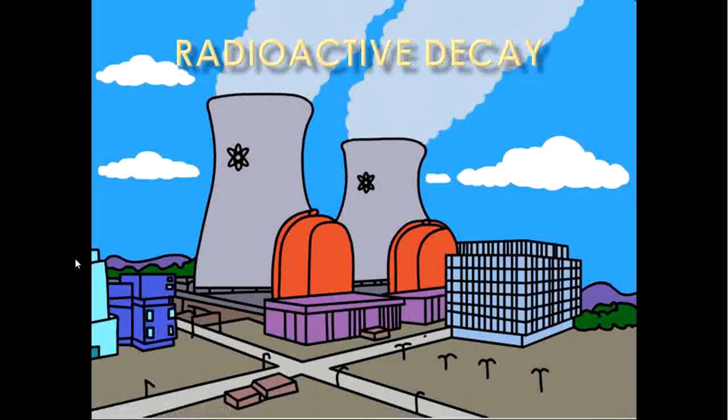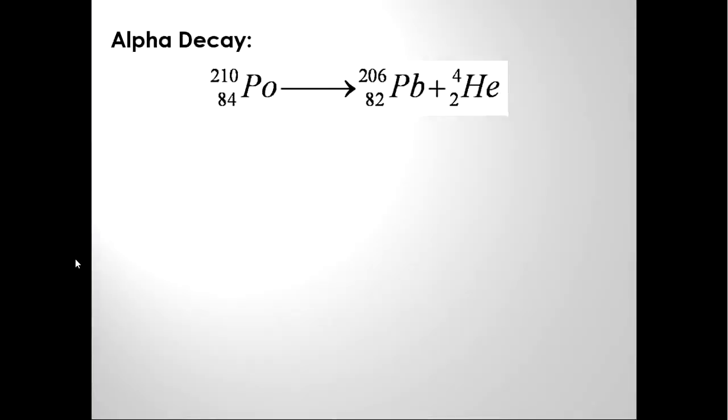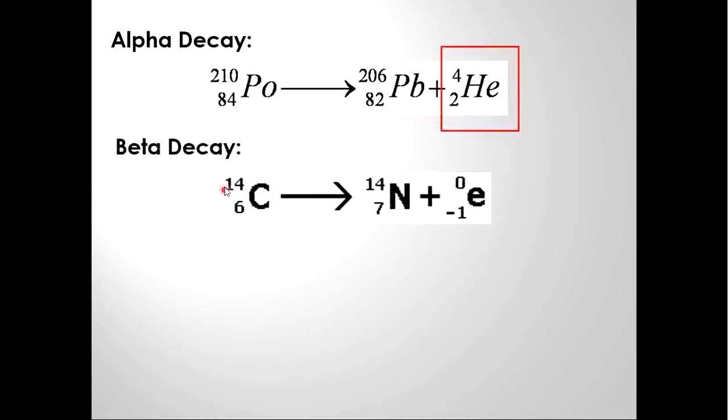Now this is how we recognize our radioactive decay. So I know we've gone over alpha, beta, gamma, so we'll go over it again. Here we have a nuclear equation. Polonium goes through alpha decay, and now polonium changed into lead, so the new element is now lead, and here is our alpha decay. Beta, we have carbon.